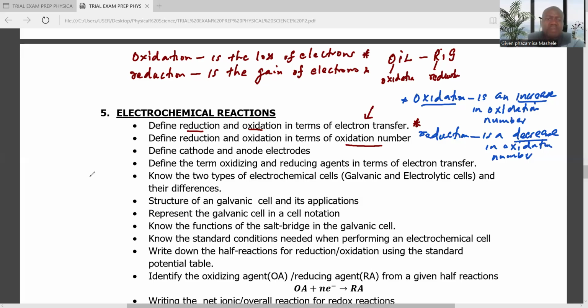And again, you must be able to define what are the cathode and the anode, very important. These are electrodes. Remember, an electrode is just a metal or a graphite that is used to conduct electricity.